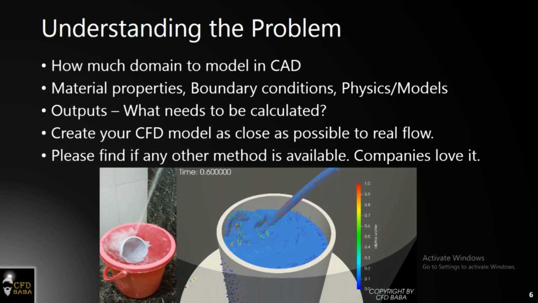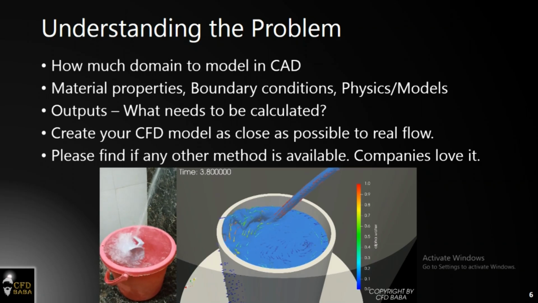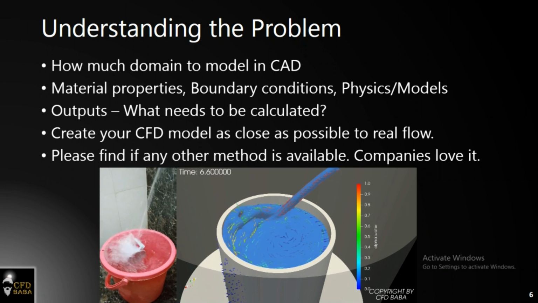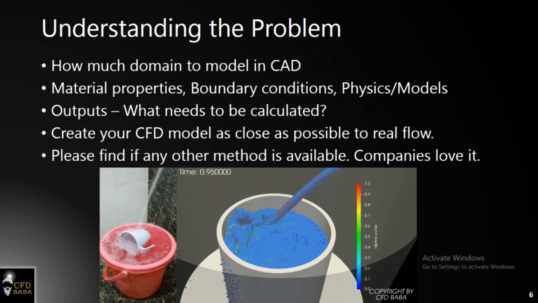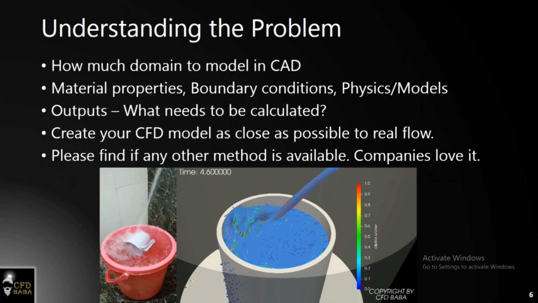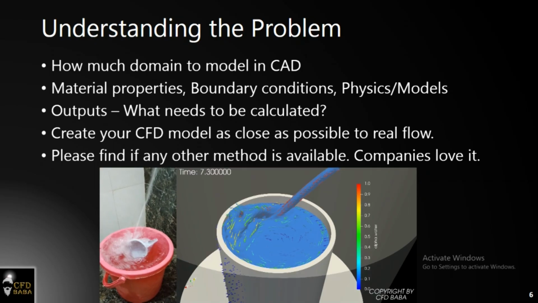I wanted to show one thing. I had created this simulation using a real life problem. One day in the bathroom I saw that the mug was rotating inside the bucket. It was very interesting to watch, so I thought maybe I can model it in CFD.